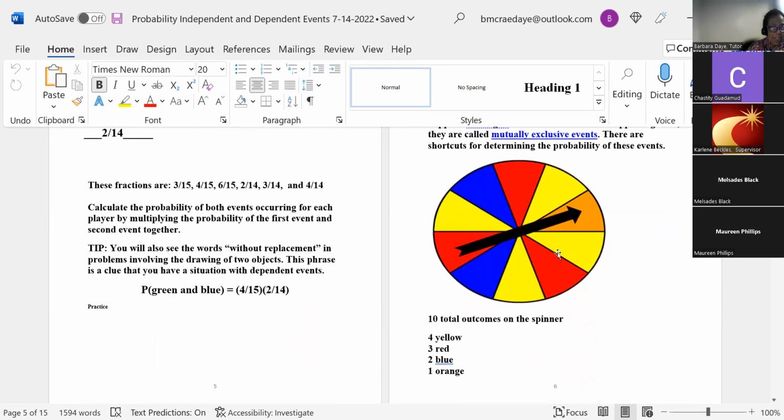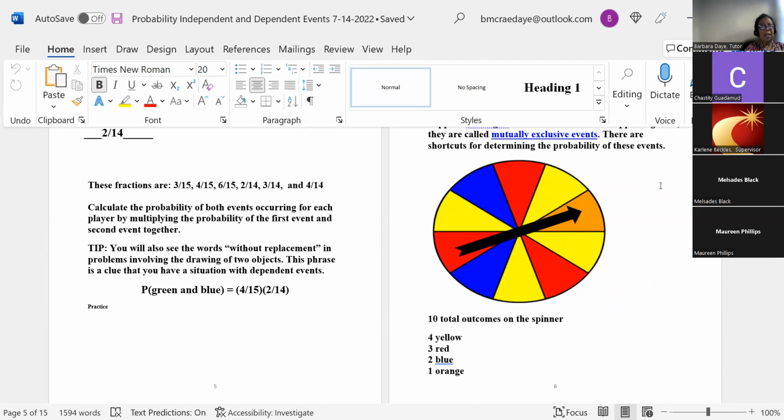Now, let's look at this spinner. What did I say about mutually exclusive events? When something is mutually exclusive, what does that mean? It can't happen at the same time. They can't happen at the same time.